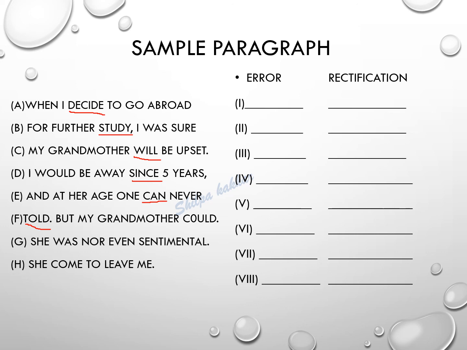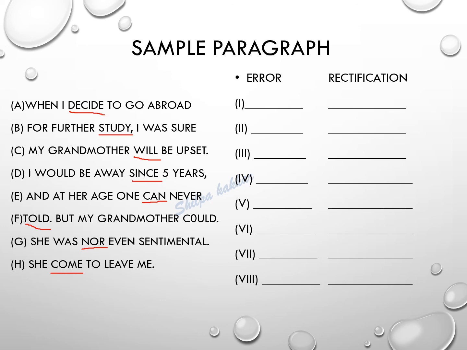It should be nor or? Yes, it should be not. She was not even sentimental. The last line says that she come to leave me. Should it be? No. She came to leave me.